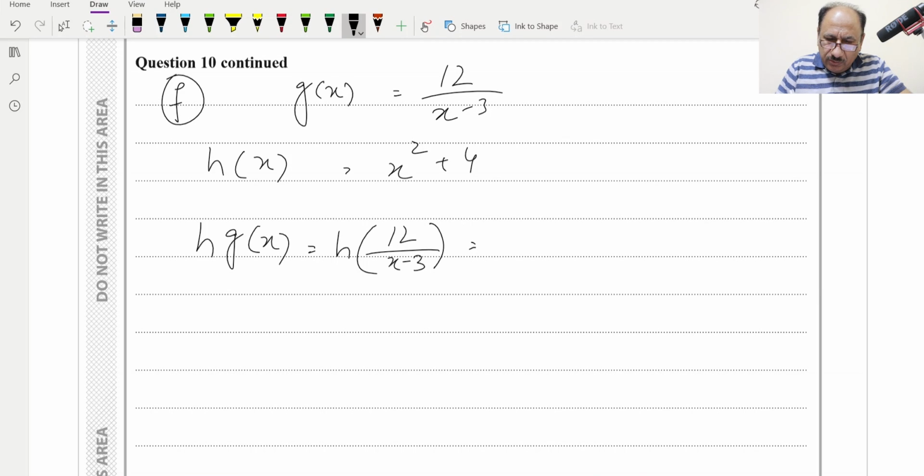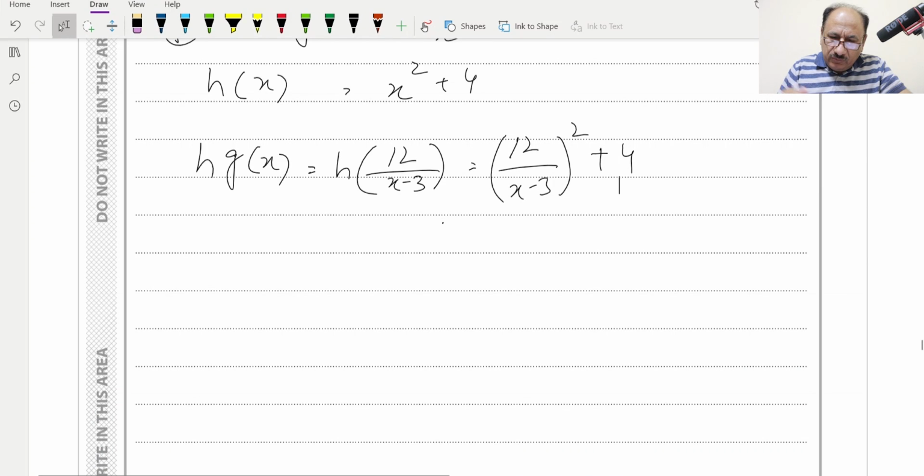This x in x squared will be replaced by 12 over x minus 3. So this will be 12 over x minus 3 squared plus 4. This will be our h of g of x.